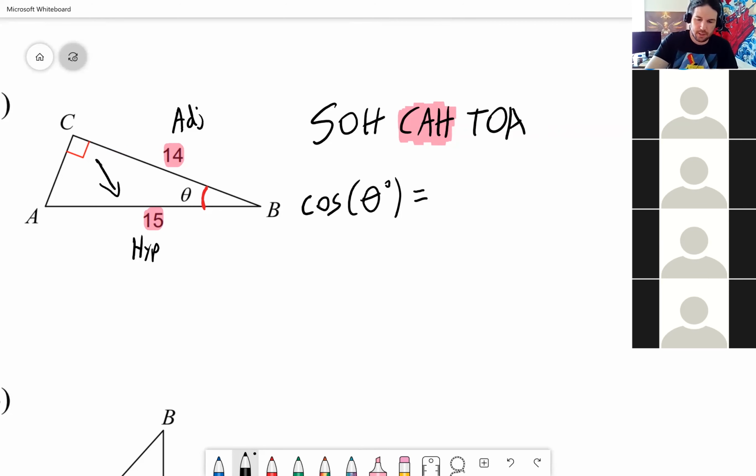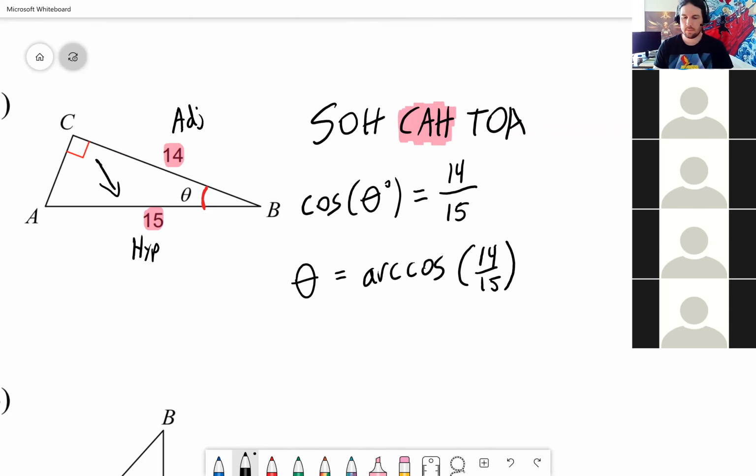Adjacent is 14, hypotenuse is 15. So then I arc cosine both sides. And we're back to the calculator.